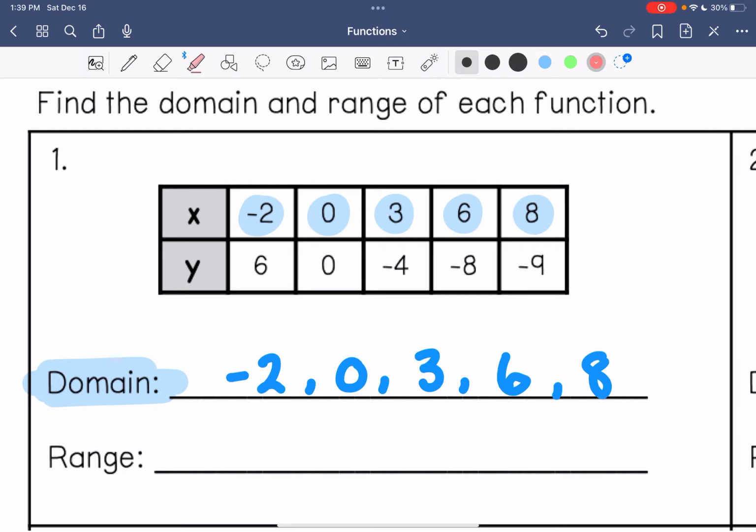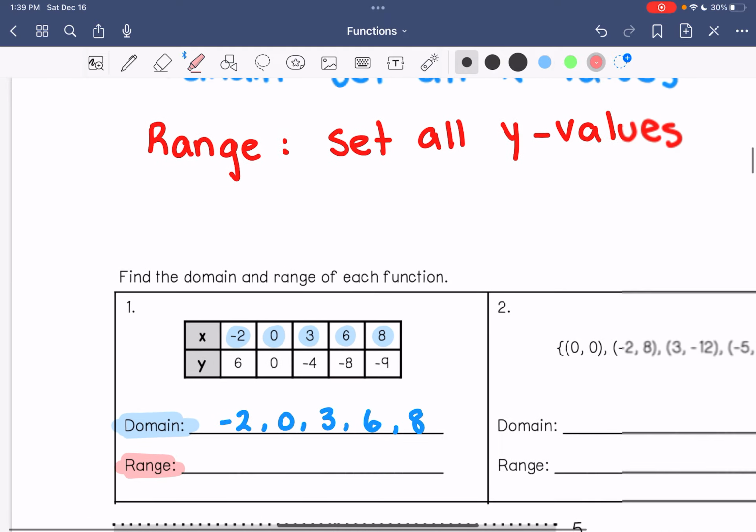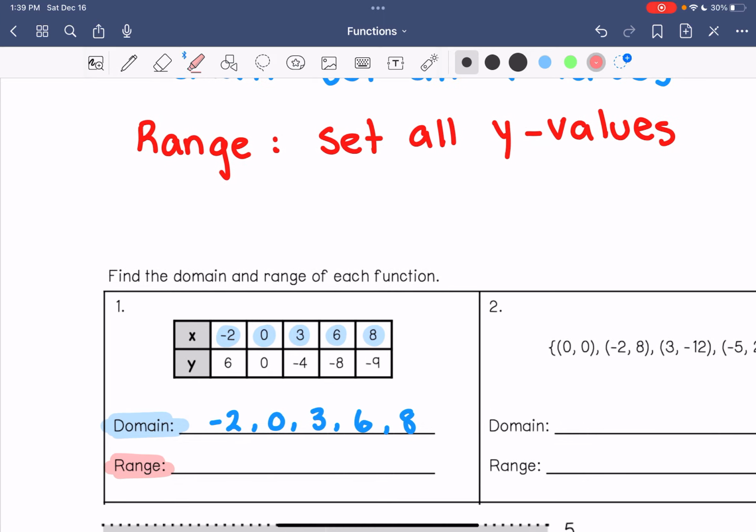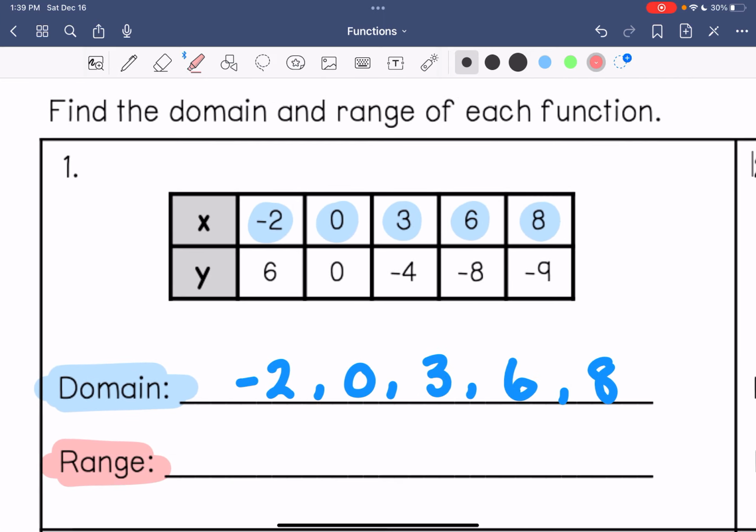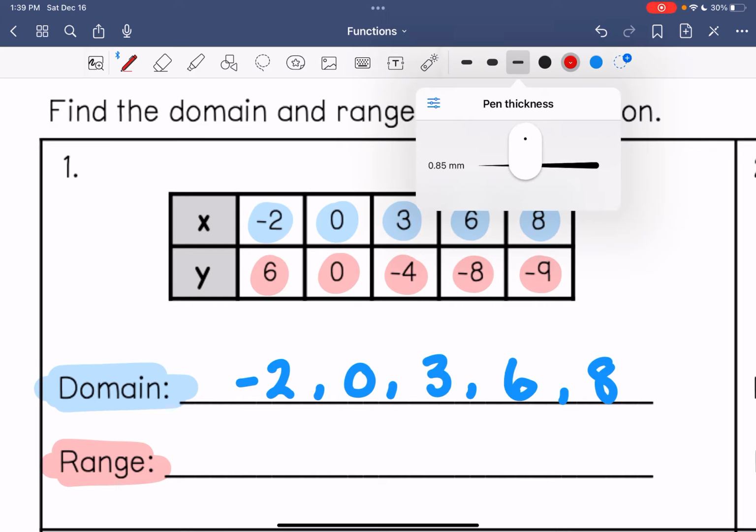If we are looking for the range of our table, same thing. The set of all the y values, we'll take a look at all the y values in the table. And that's our range.